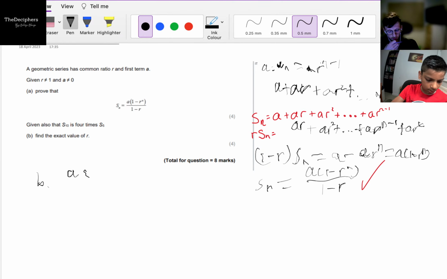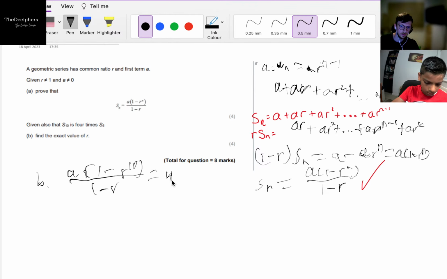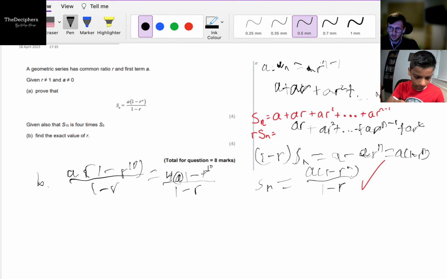So a times 1 minus r to the power of 10, divided by 1 minus r, equals 4 times a times 1 minus r to the power of 5, divided by 1 minus r.